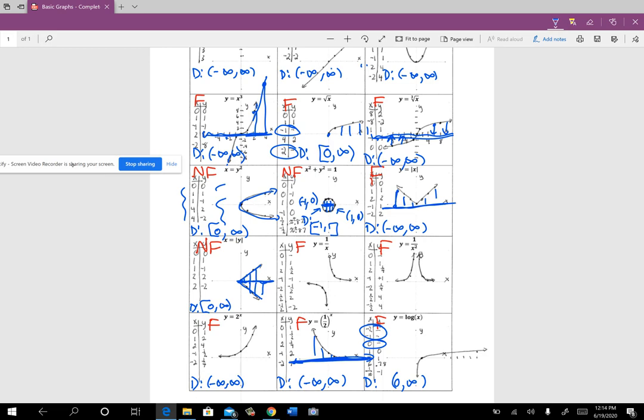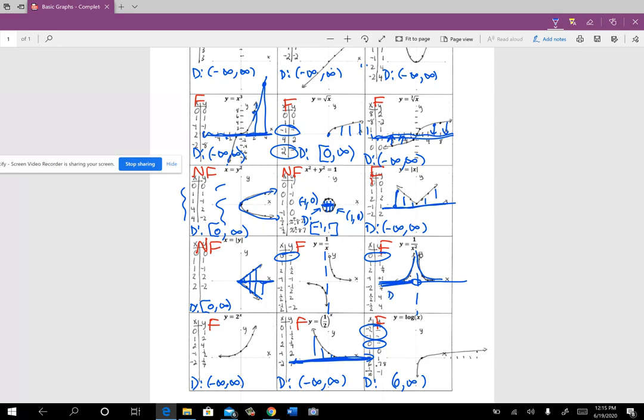All right, now the two rational functions had these gaps right here at the y-axis. The 0 gave you an error when you plugged it in. It wasn't possible to divide by 0. And so this portion of the graph uses x's from negative infinity until you get right up to 0. And then the other portion keeps going after that, but there's a gap right there at the middle.